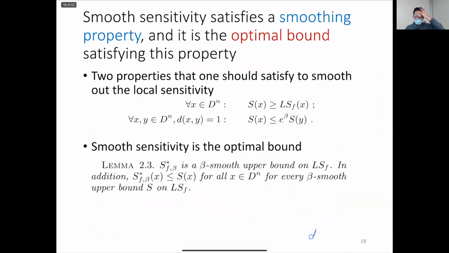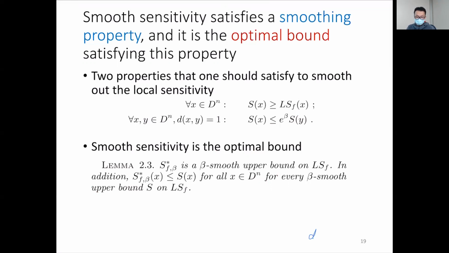So let's take a look at this property before we go to our break. Smooth sensitivity satisfies something called a smoothing property, right? There are two properties that are natural from the definition itself.